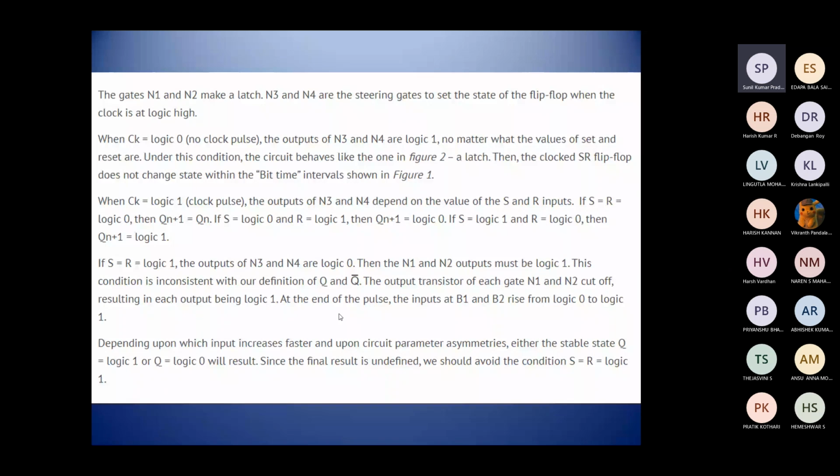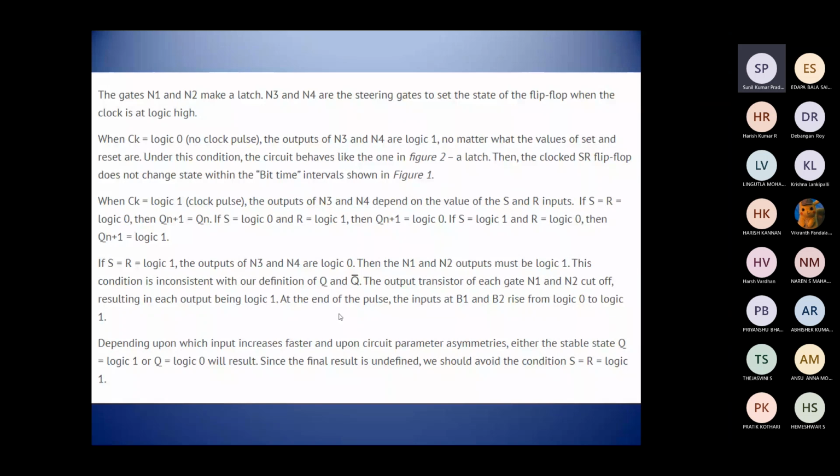Under this condition, the circuit that I already told in the first class today in the morning behaves like a latch: two NOT gates with cross linking of the outputs.